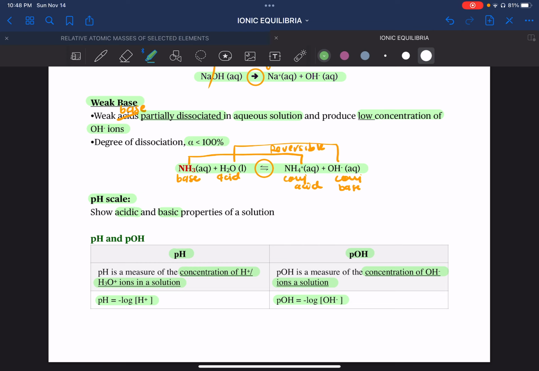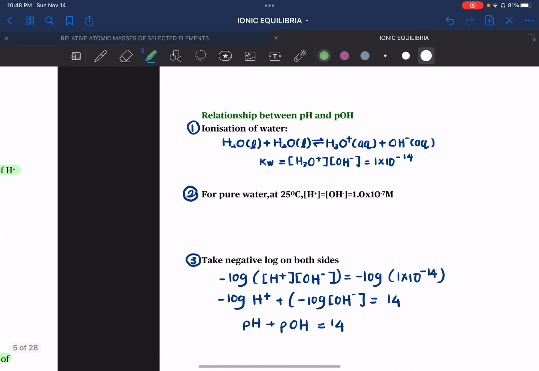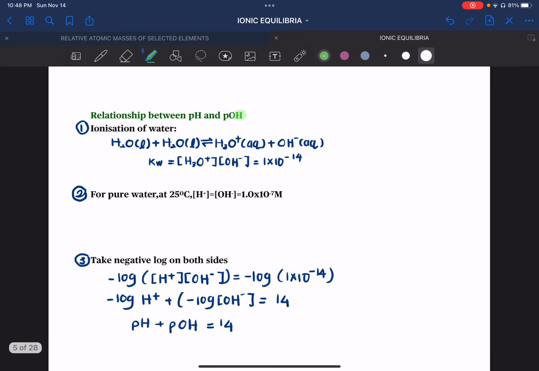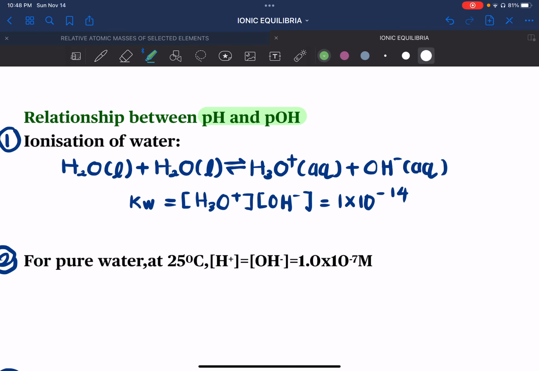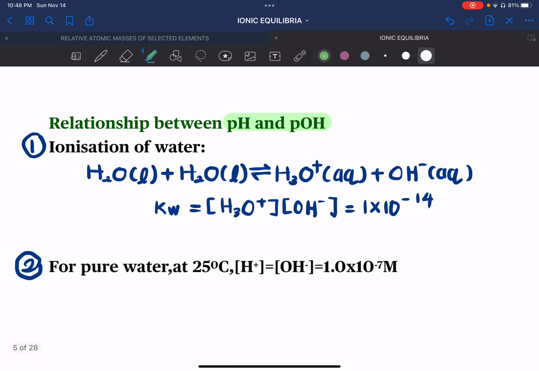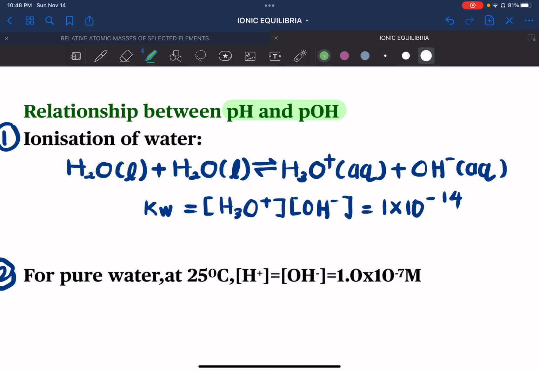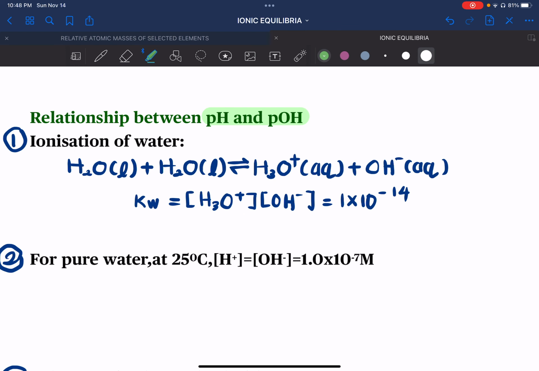So basically that's the formula for pH and pOH. So apa kaitan pH dengan pOH? Okay, let's consider water. So ionization, for pure water, dia akan dissociate jadi ion juga.